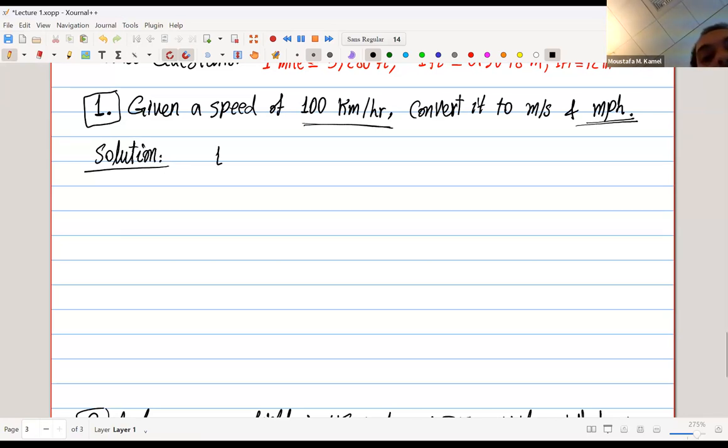So we have 100 kilometers per hour, okay? And we want to convert that to miles per hour. So we want to convert kilometers to miles, but we don't know the direct conversion factor.